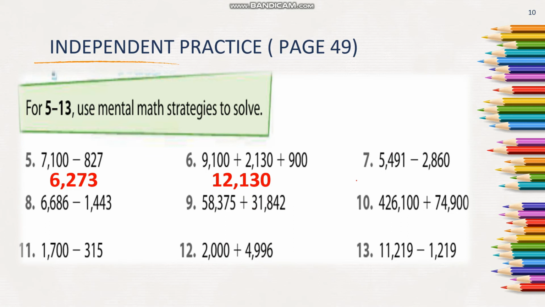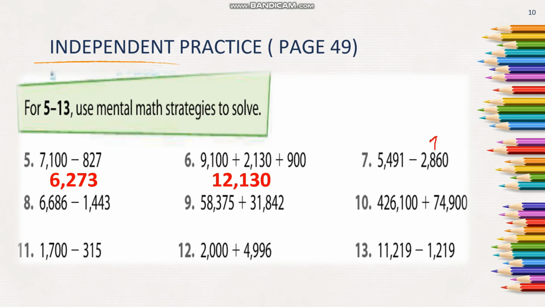Number 7, 5,491 minus 2,860. So here I'm going to use the compensation method. So I will make this as 3,000. To make it easy to subtract from 5,491. So how many did I add to 2,860 to make it 3,000? I added 140. Again, I am using the compensation method. So 5,491 minus 3,000.